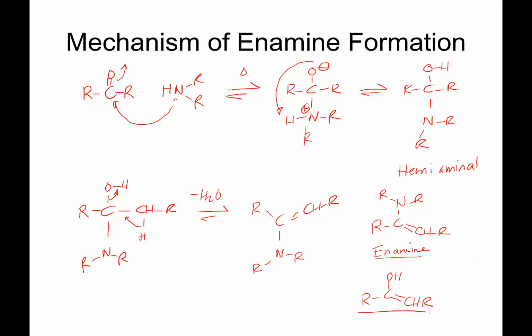So what's this one? Why don't we like those? Right. But we've seen them before, right? They're not stable. These enols are not stable, and they do tautomerize to give you a ketone.